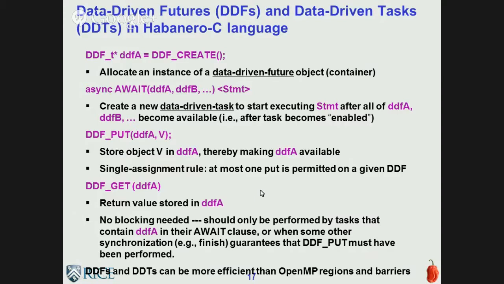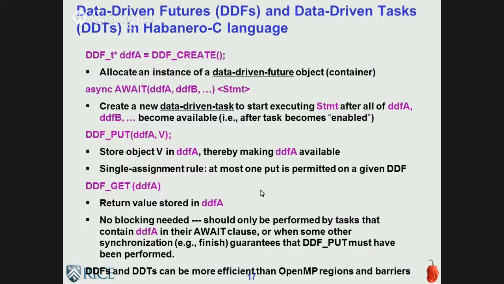So the model is, and now I'm switching to C-like syntax, we have it in both, where you have an async, but you have preconditions to say that this task can only start executing when some events, or what we call data-driven futures, for historical reasons, become available.